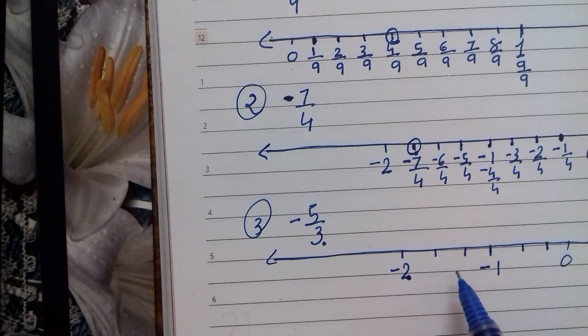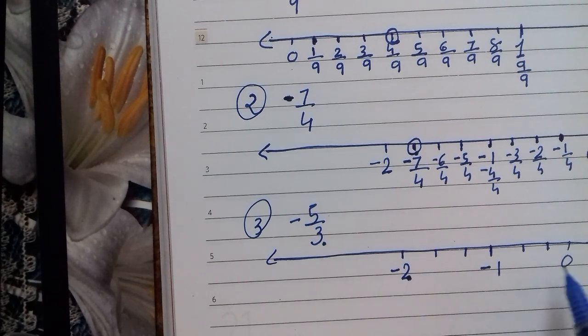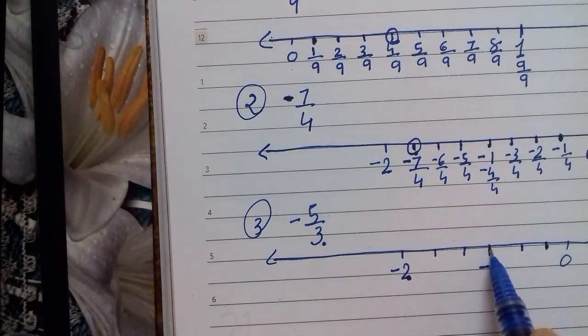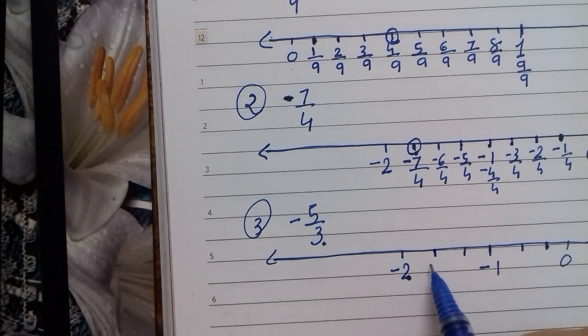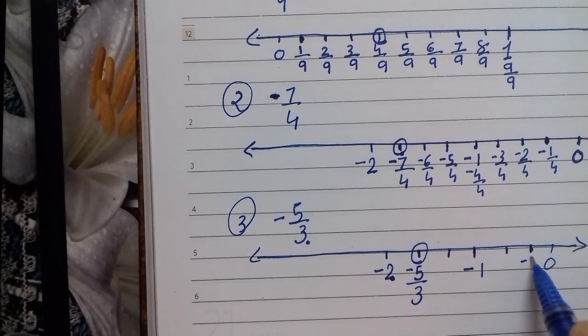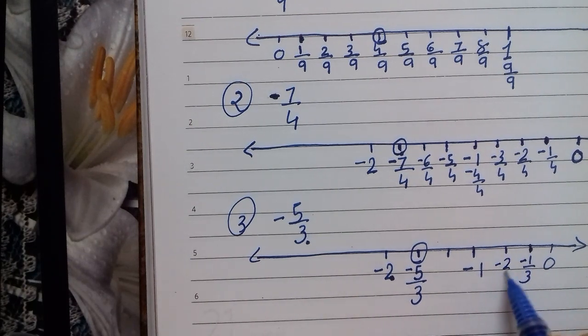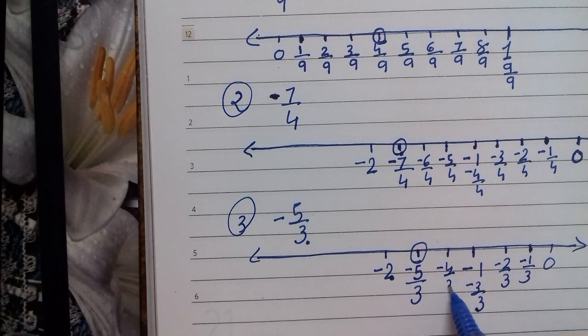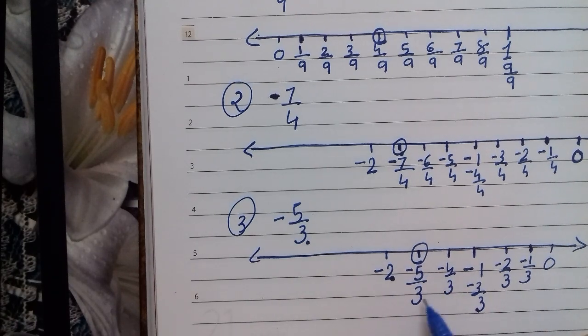Now make 5 markings of distance 1/3, each to the left of 0. So 1, 2, 3, 4, 5. So this is -5/3. Let's check. -1/3, -2/3, -3/3, -4/3 and this is -5/3.